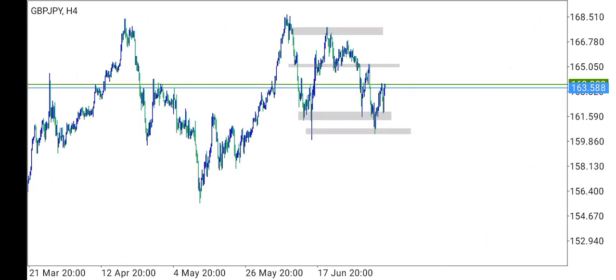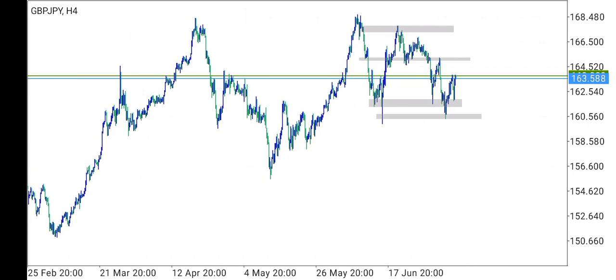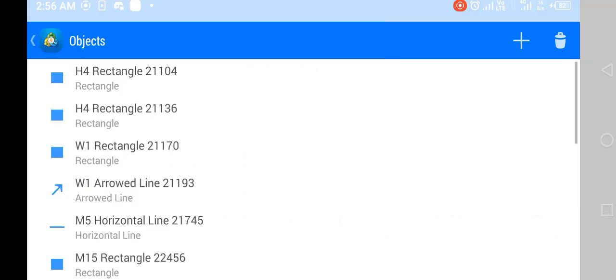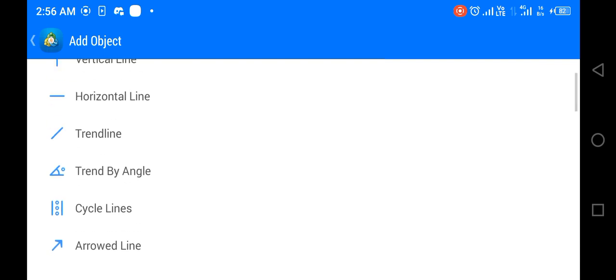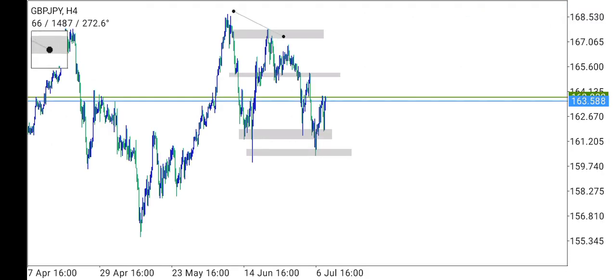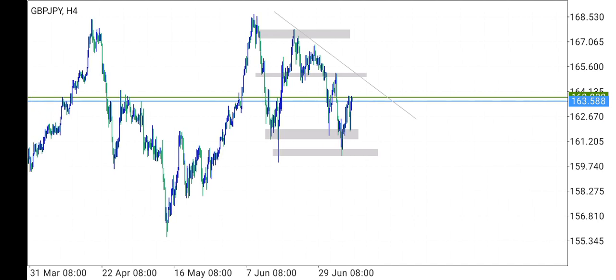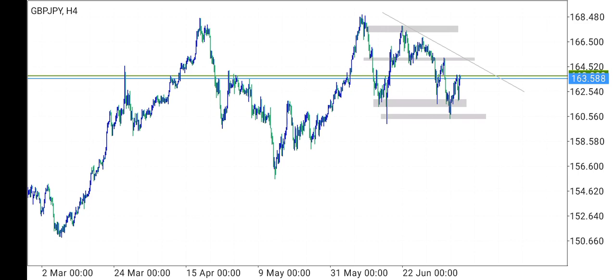Like as you can see, this is actually a downtrend starting from the higher high here. Price is in a downtrend.